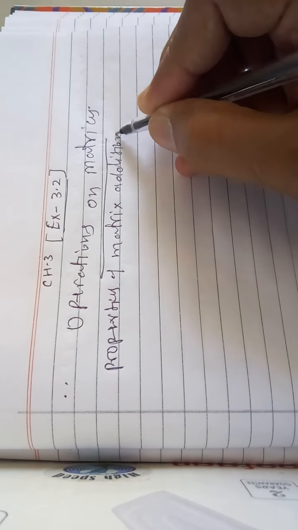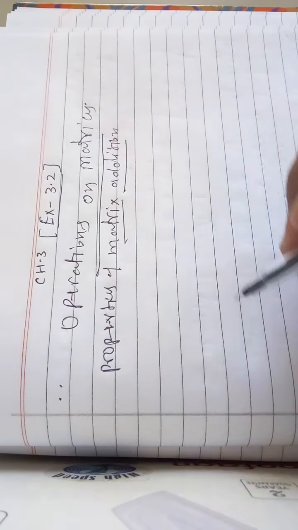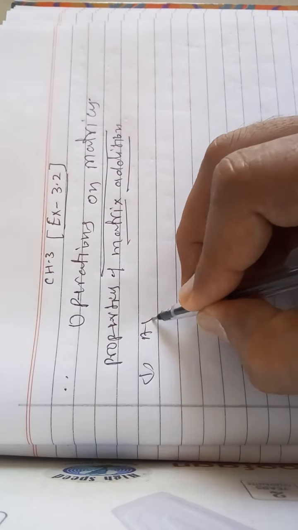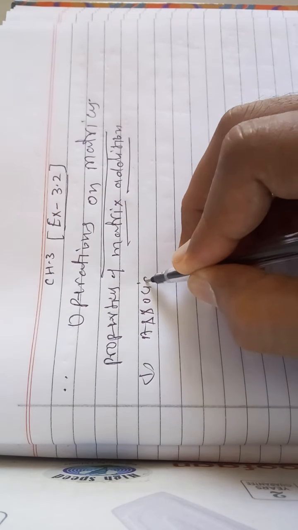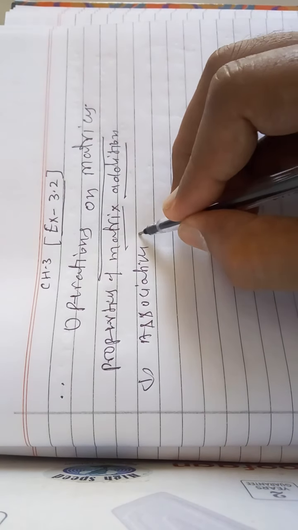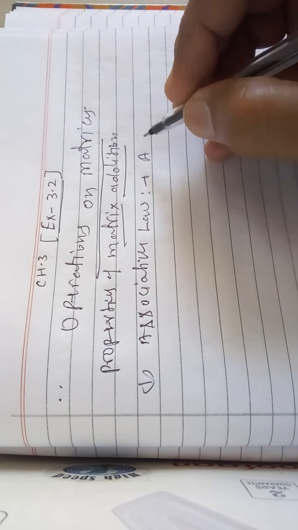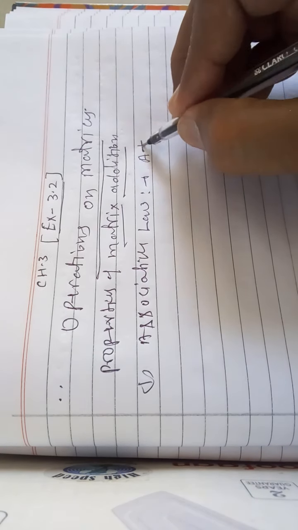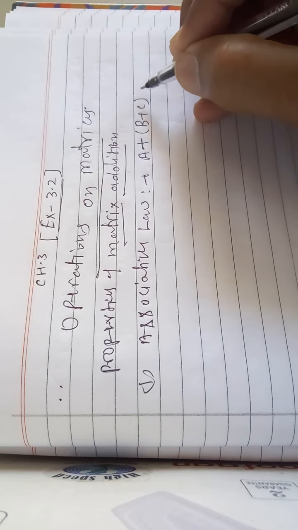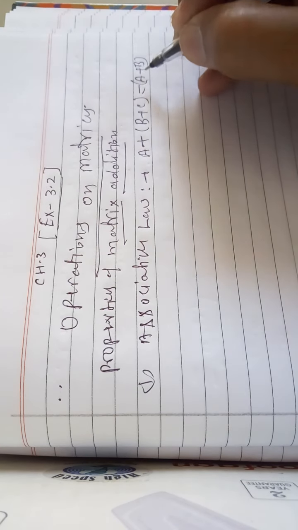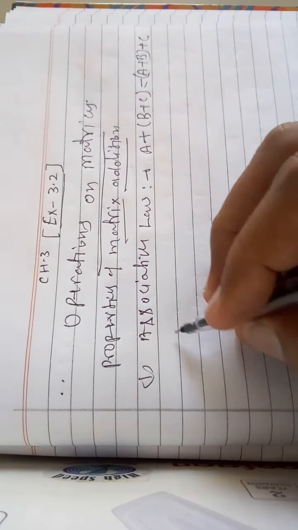Under addition, the first property is the associative property, which means law. For matrices A, B, C, A plus B plus C equals A plus the bracket B plus C, it is also valid.